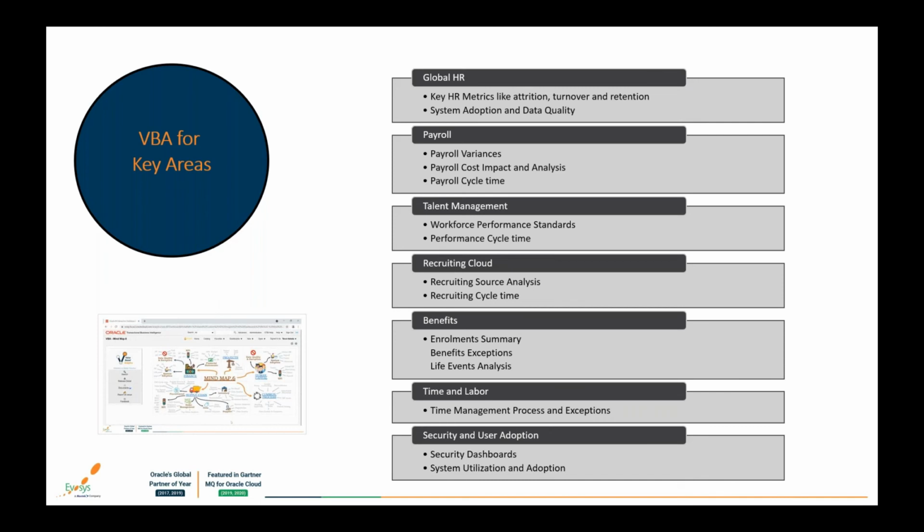We can observe the transaction data and get some useful information, an insight from data which is running in our HCM system. It may be related to global HR, or it may be related to payroll. We can get much more insights on the data which we have. If we take an example from the global HR point, we can get many metrics.